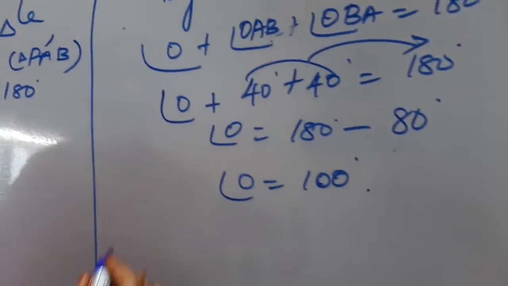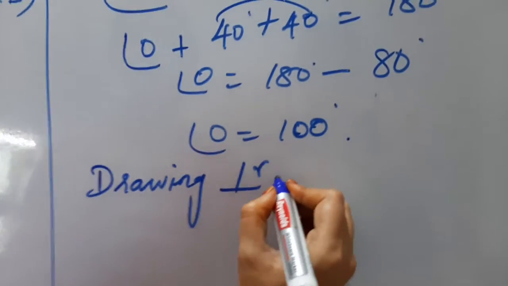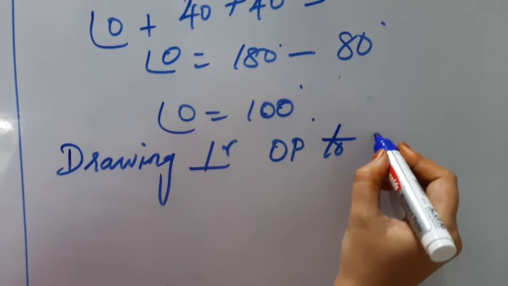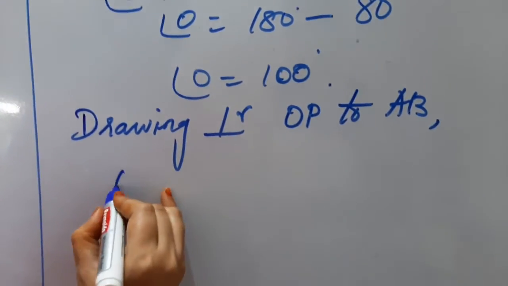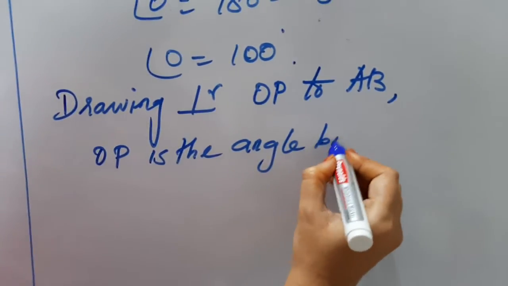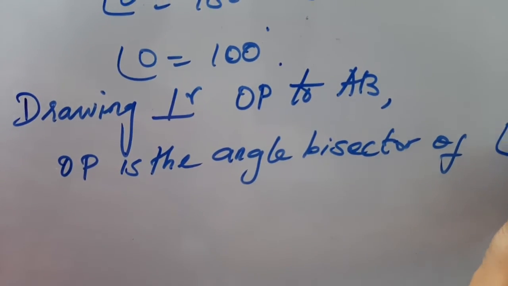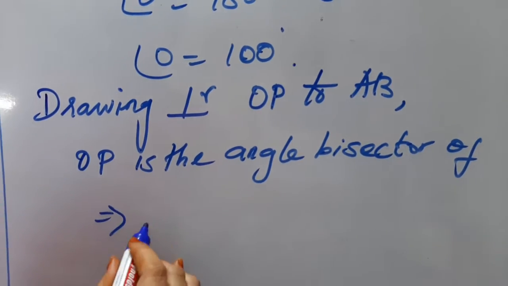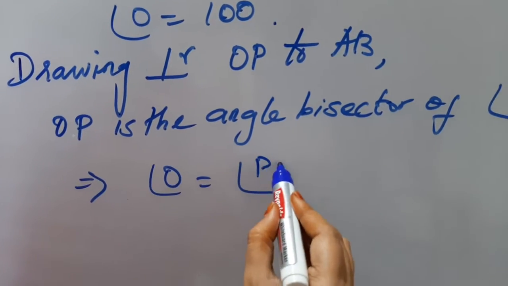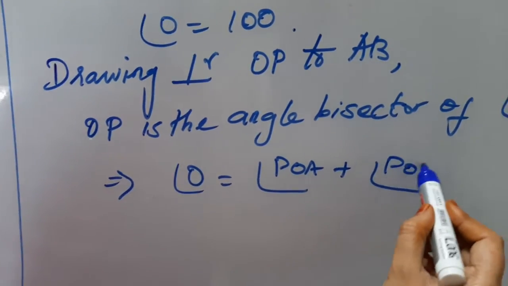What did we do here? Drawing the perpendicular OP to the chord AB, OP is the angle bisector of angle O, which implies that angle O is divided into angle POA and angle POB.